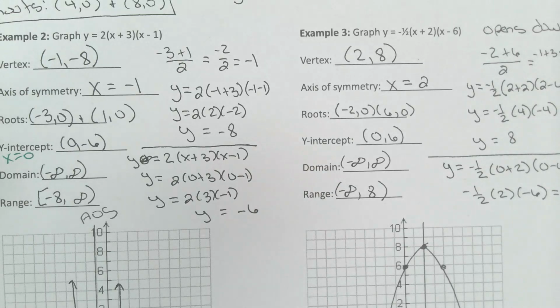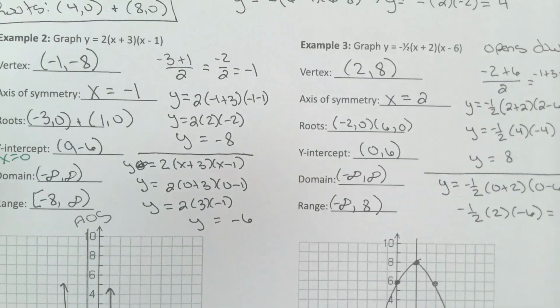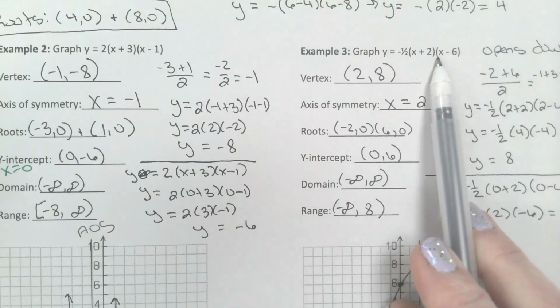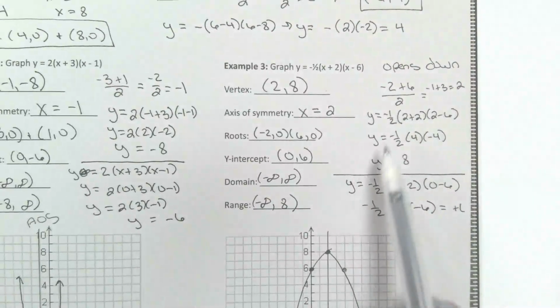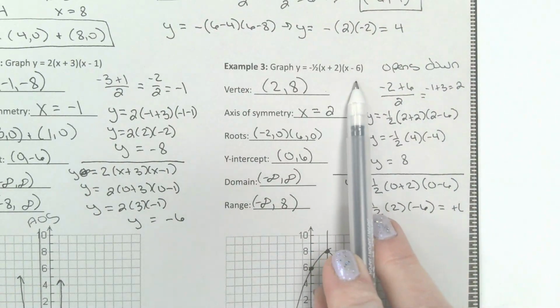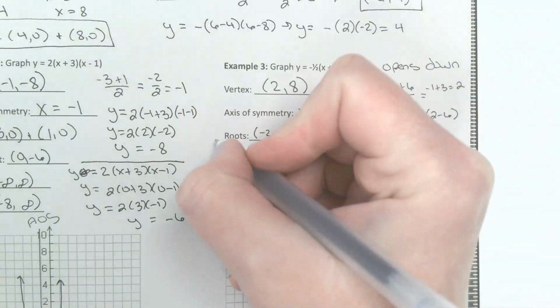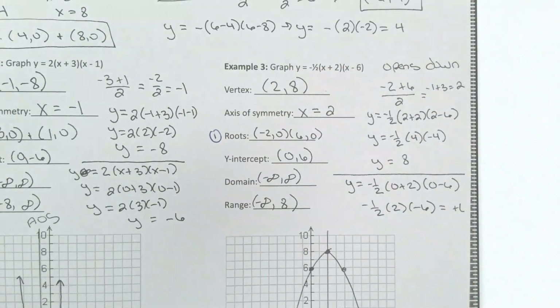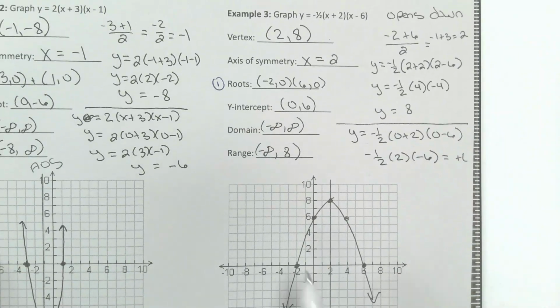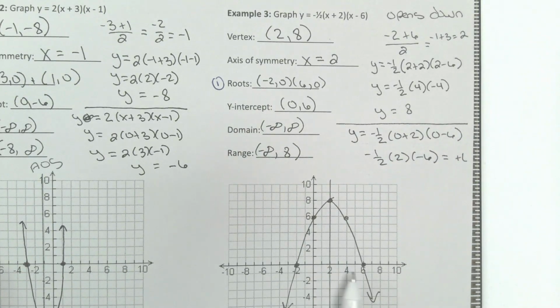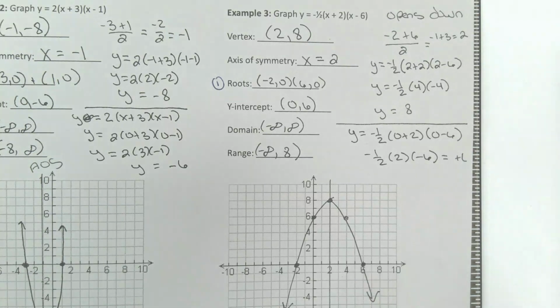All right, so here's what the rest of the graph looked like for example 3. The first thing that I did is I took those points right there and set them equal to 0 and solved, and I found my roots, aka my x-intercepts. So that's how I have the points at -2, 0 and 6, 0.